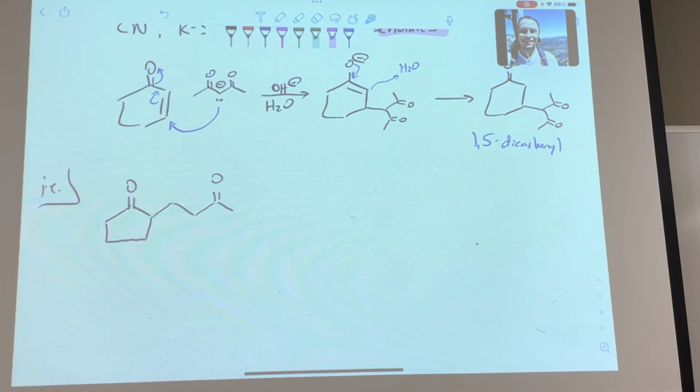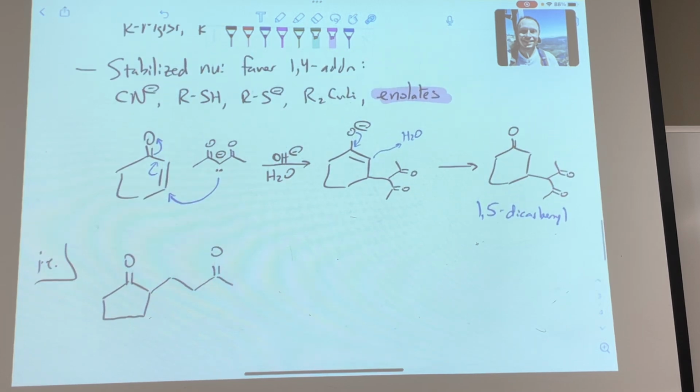Now, if we're going to do that, that means we need the two pieces. You need a donor and you need an acceptor. And a lot of times both of them will be fully present in the product, like the example we just looked at. I can look at this and say, okay, number one, yes, I have the 1,5-dicarbonyl compound, so this should be a Michael.